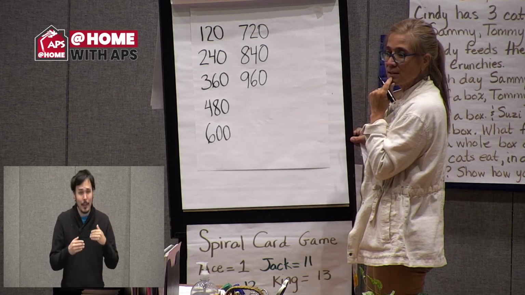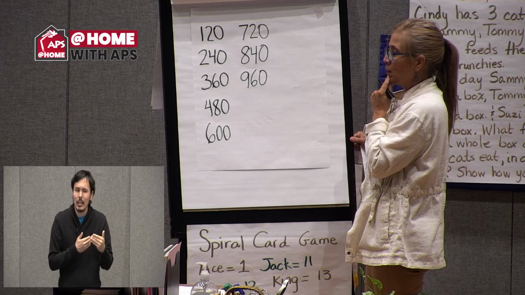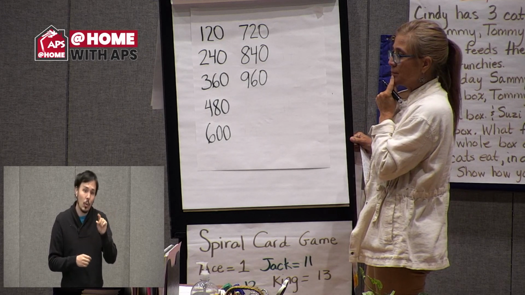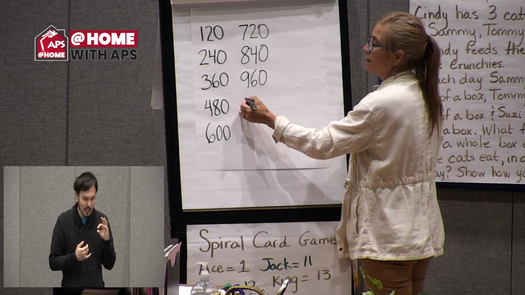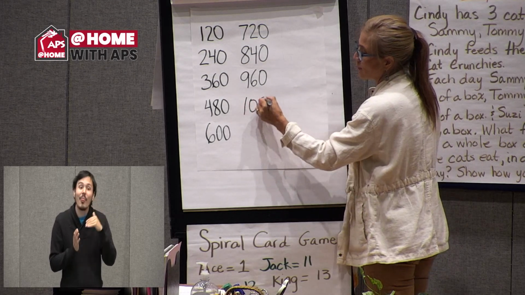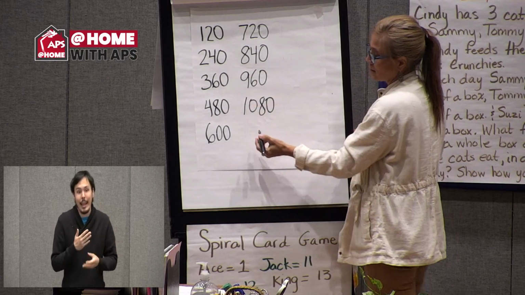Can you think about, let's just take a minute and think about what would be next if we're counting by 120 and we're at 960. 1080. That's right. We're going over into the thousands.